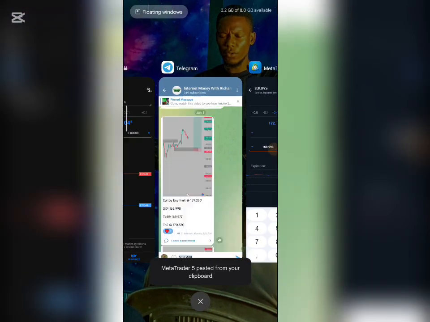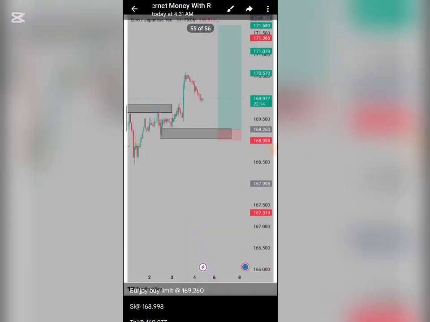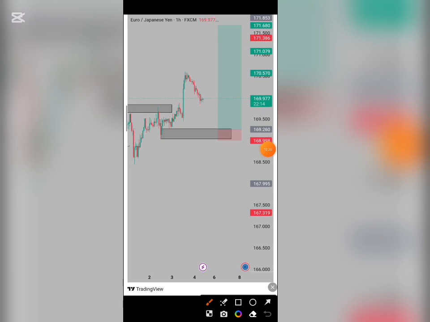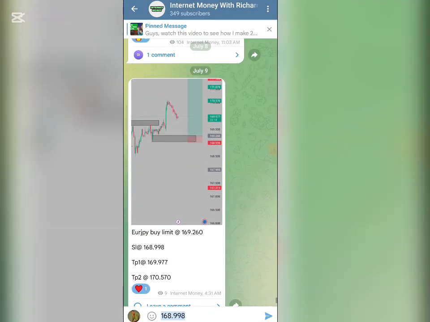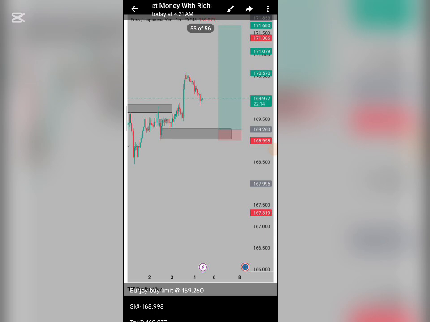Then for the take profit, look at the screenshot and find the take profit. It is at the top, the end of that green stuff, 171.680. Sorry, that is TP2. I meant TP1, and there's a reason for that.